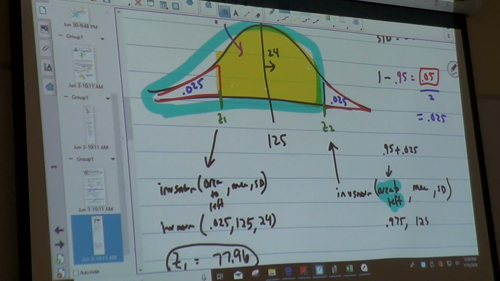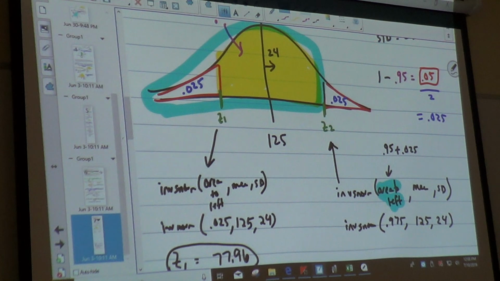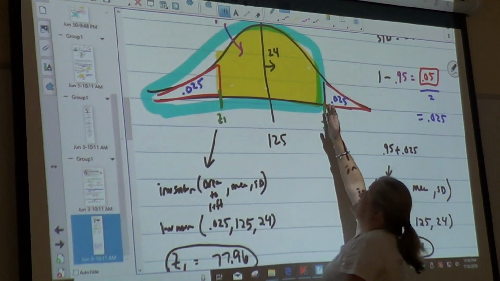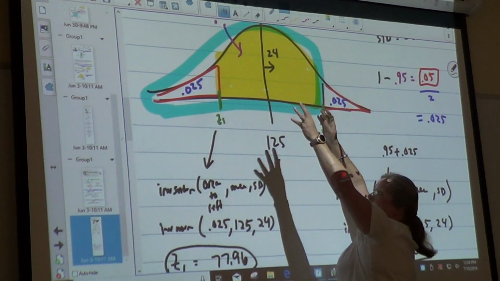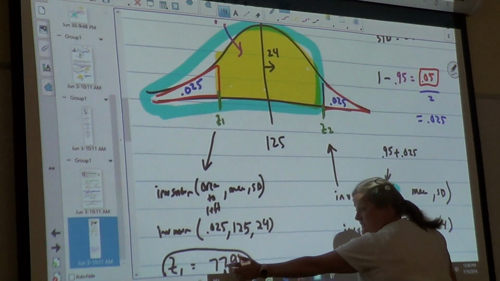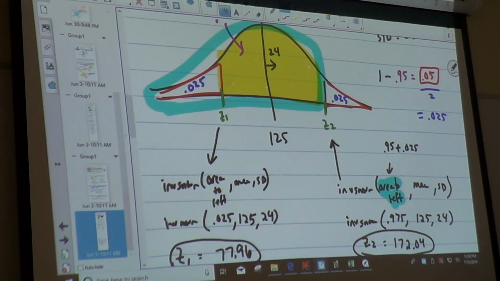And then my mean is 125 and my standard deviation is 24. When I type that into the calculator, I would have gotten that my Z2 is 172.04. So when I'm standing here, my area to the left is going to be the yellow and the blue. It says, what are the cutoff scores? The cutoff scores are going to be both of these because you've got two different points. Cool?